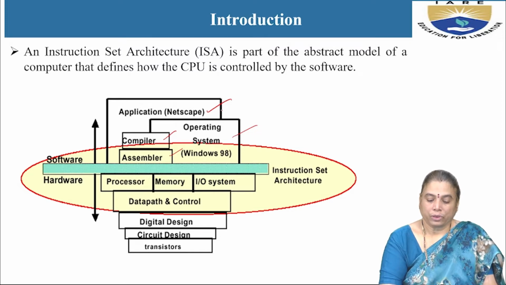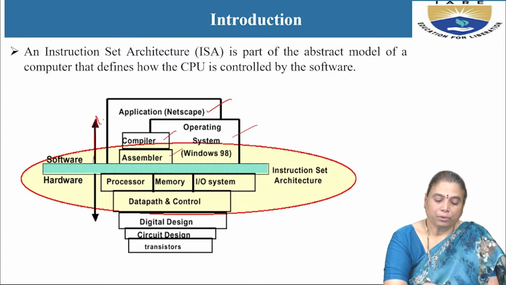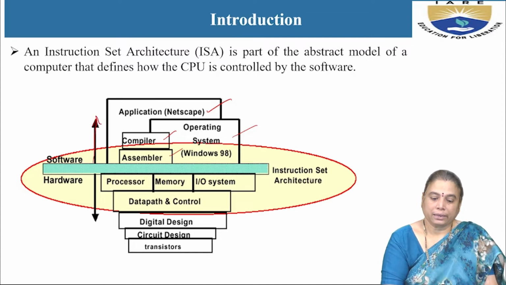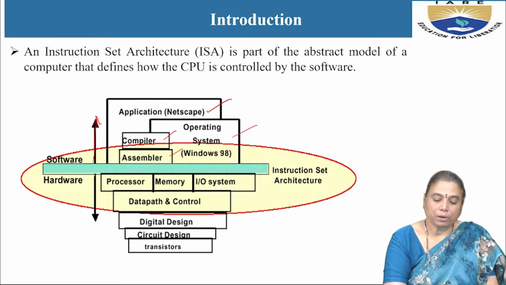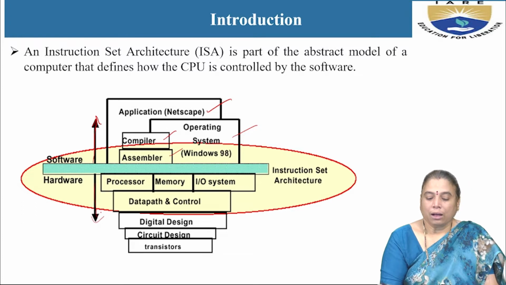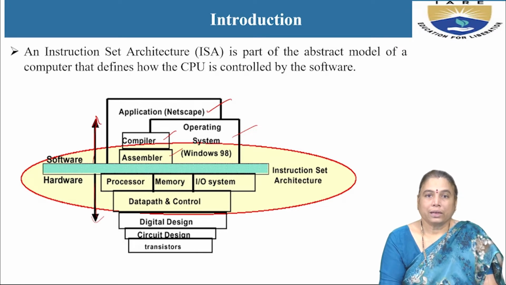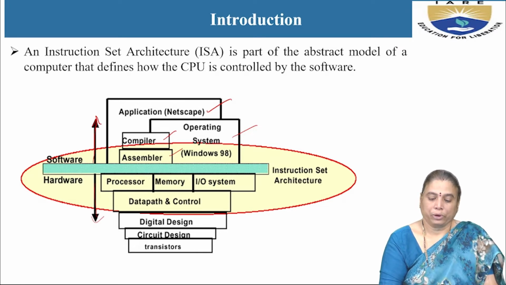The top part from the instruction set architecture is the software, and the bottom part is the hardware. The hardware deals with the physical components of the computer.